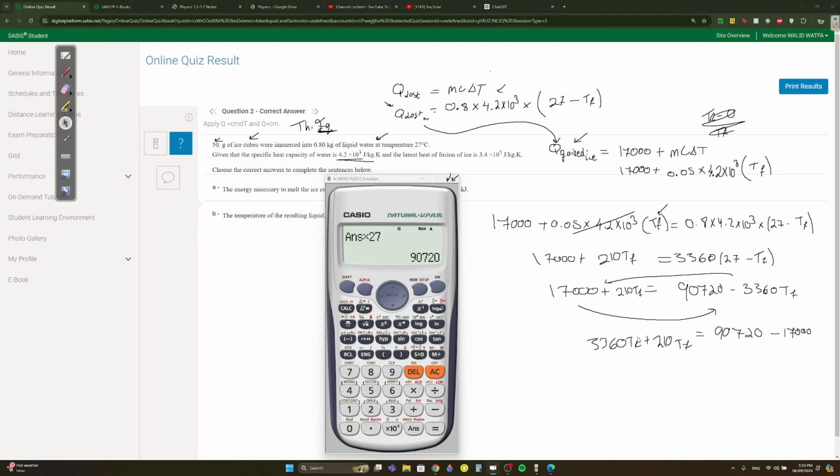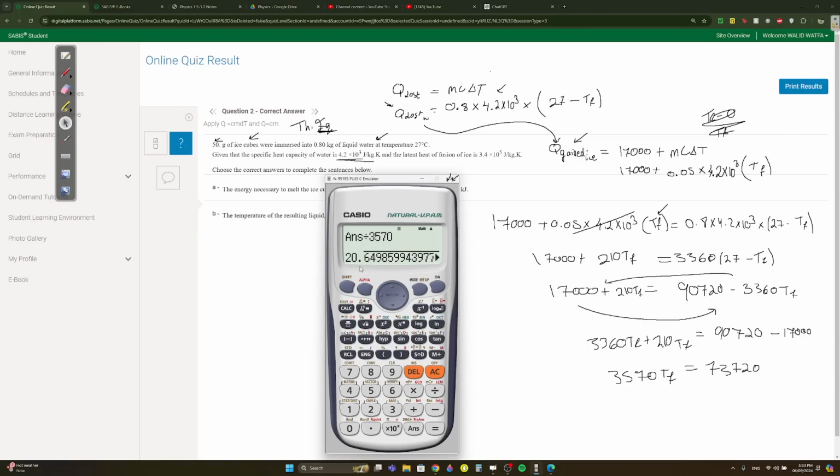So you can solve this over here. 3360 plus 210 is gonna be 3570 TF. This over here on the right is gonna be 90720 minus 17000, which is 73720. Then divide by 3570, قصدي 3570.